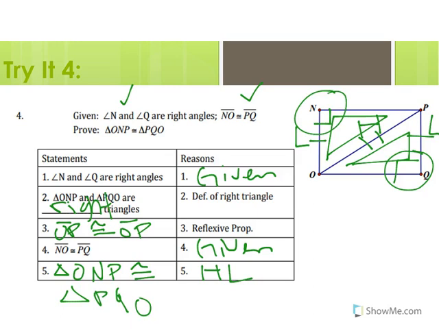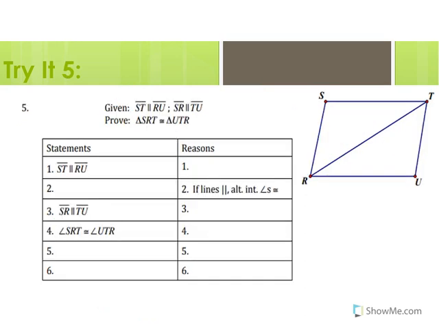Okay, so when you do a proof, it's easier if you mark up your diagram first, right? And for number 5, we're given that segment ST is parallel to segment RU, so we can do this to indicate that they're parallel. And segment SR is parallel to segment TU. They're parallel.